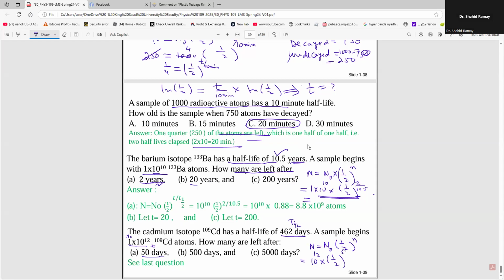So here it is 50 divided by t half 462. In every case, the t half remains the same, but the t is different. Here t is 500, here t is 5000. So you can solve it with the calculator and get the answer.